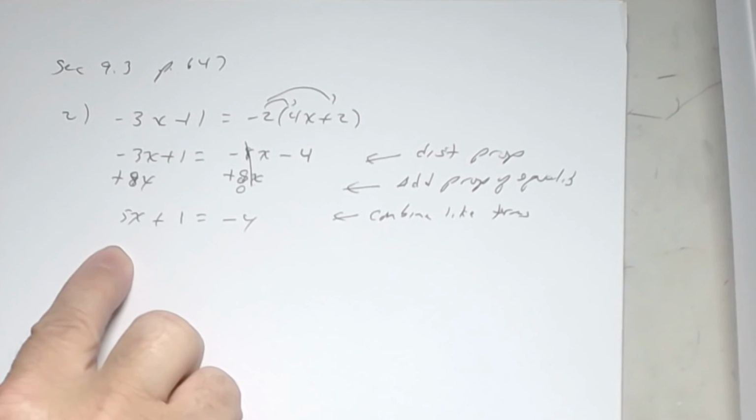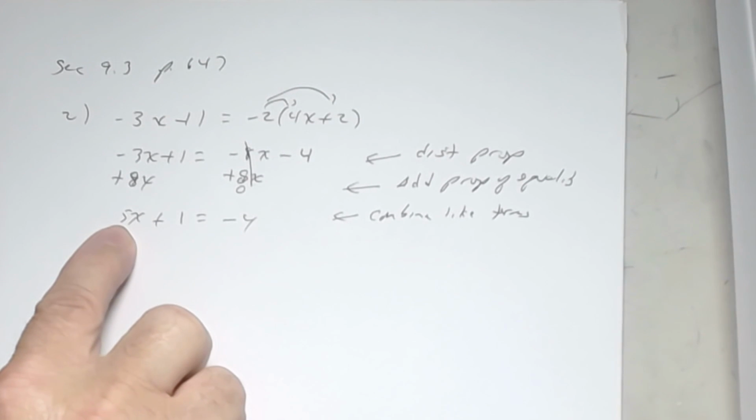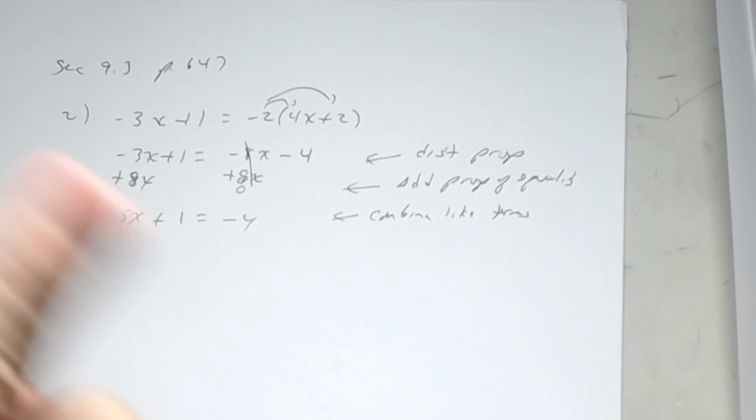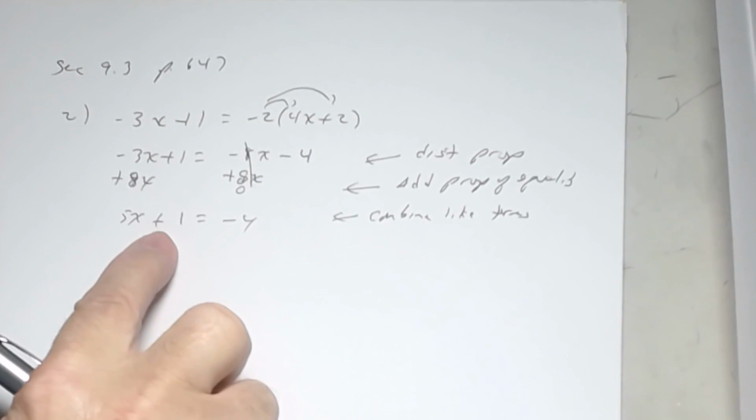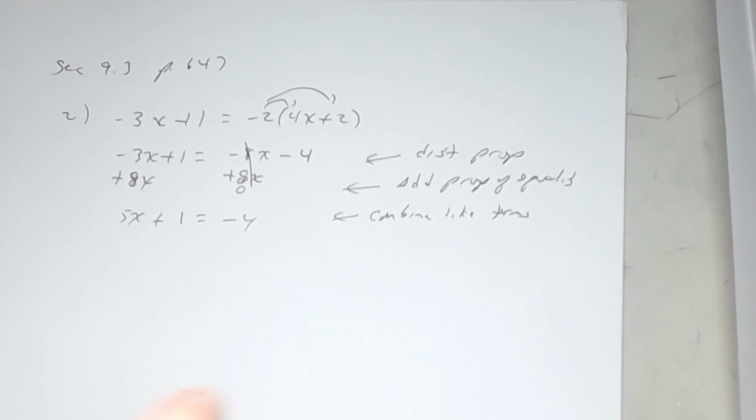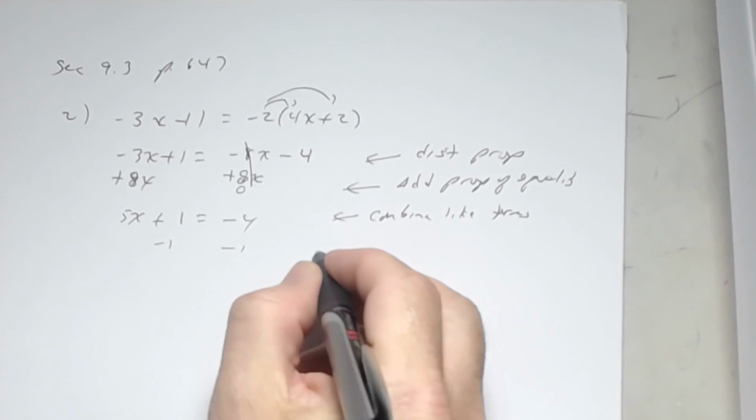Now, remember, always do the multiplication property of equality last. So see right here how I'm multiplying x by 5? What's the opposite of multiplying by 5? Divide by 5, right? But you're always going to do that when? Last, at the end. So you want to continue using the addition property of equality. So how do I get rid of that plus 1? Subtract 1. So again, that's still what property?